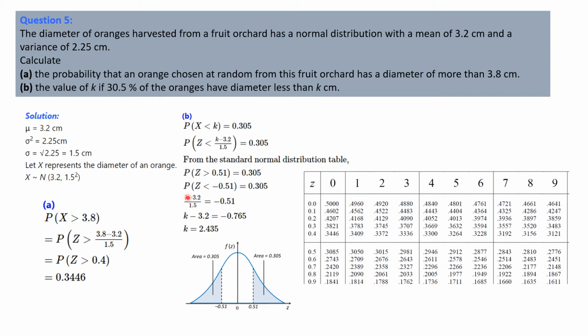So our k minus 3.2 over 1.5 will be equal to negative 0.51. So the value of k will be negative 0.51 times 1.5 plus 3.2, and you will have the answer for k, 2.435.